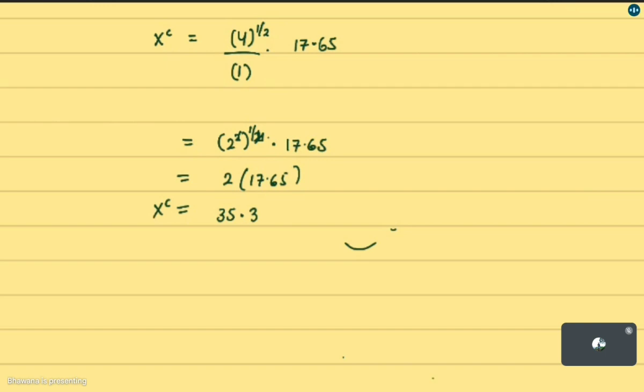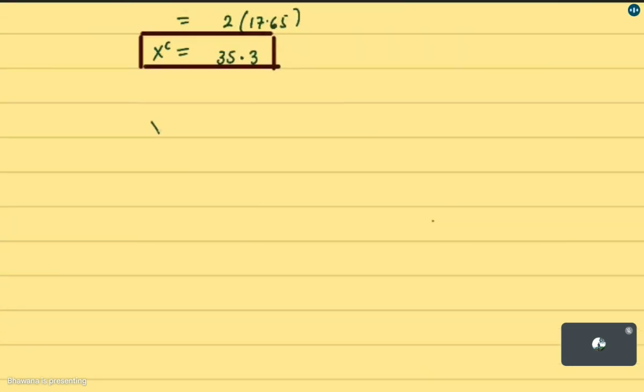Now we can write it: your x1 is 25, your x2 is 50, and your xc, or you can call it x3, is 35.3. Now you can bifurcate the whole impact.